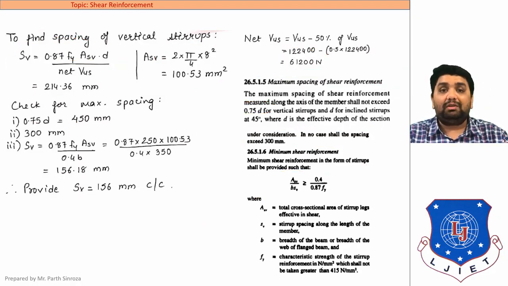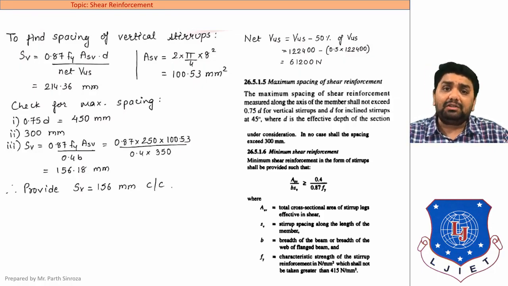This was our question regarding bent up bars. So for bent up bars we need to find VUS1. That is the first thing. Again, giving a brief about what we have changed. For bent up bars we need to find VUS1, and we need to check whether VUS1 is less than 0.5 VUS or not.